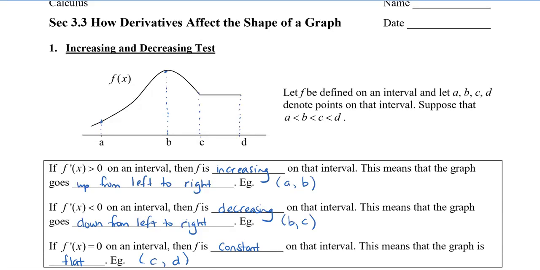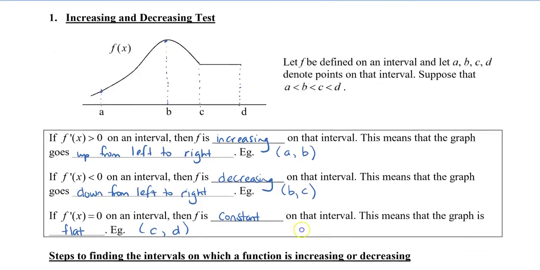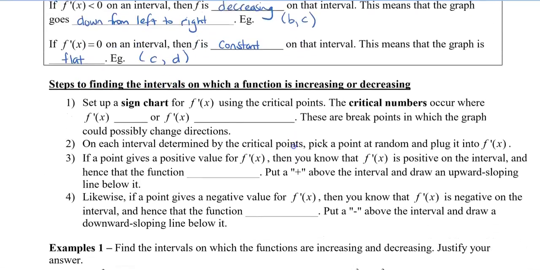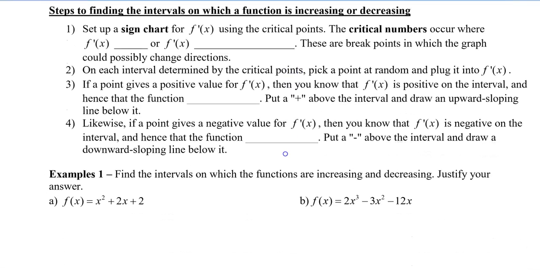So I'm going to show you the steps to find the intervals algebraically now. So we're going to set up a sign chart for f prime of x using the critical points. Remember that the critical points occur where f prime of x is equal to 0, but also where f prime of x is undefined.